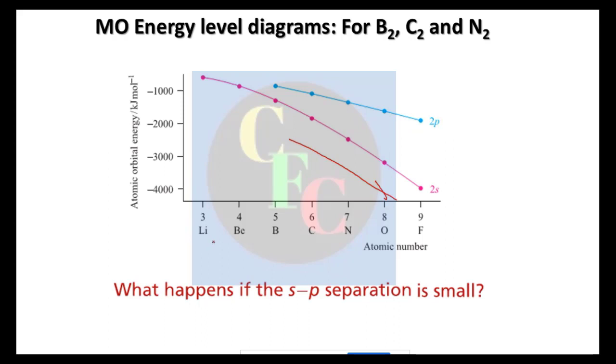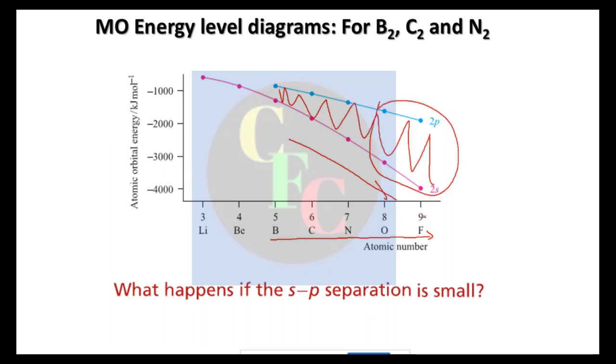From boron to fluorine, the gap between s and p is increasing. In the case of oxygen and fluorine, as we have seen in molecular orbitals, they do not interact. But if the gap is small, as in the case of boron, carbon and nitrogen, what happens?